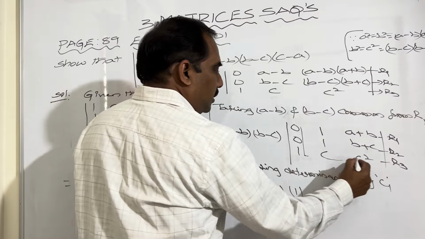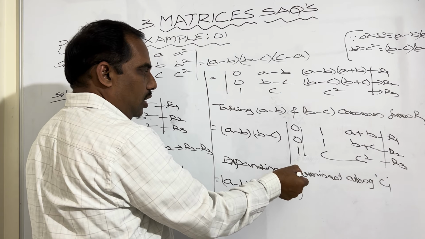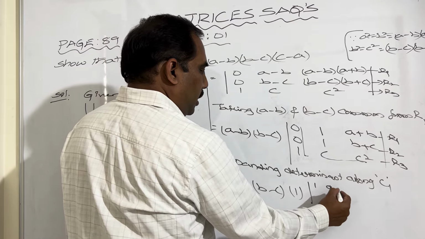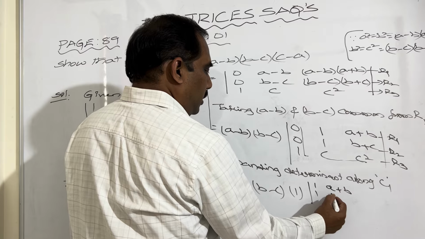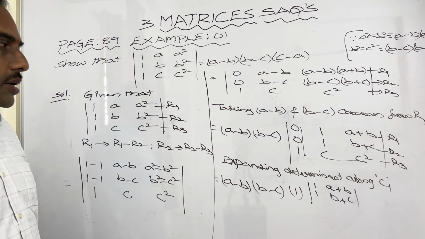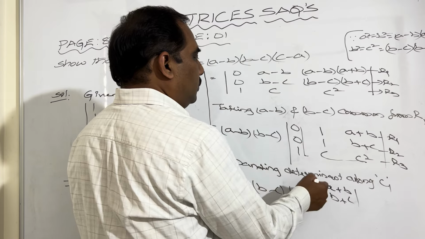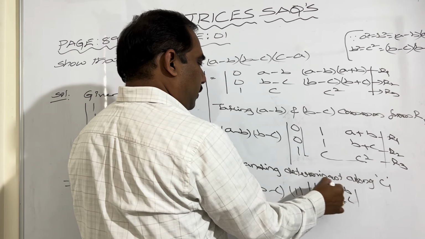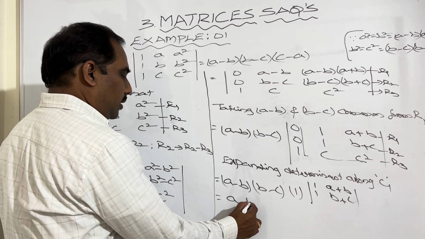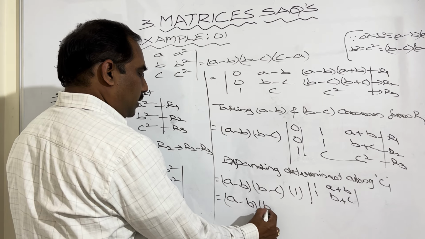So deleting the row and column of that 1, we get the determinant of the 2 by 2 matrix: 1, A plus B; 1, B plus C. So this is equal to (A minus B) into (B minus C) into that determinant.